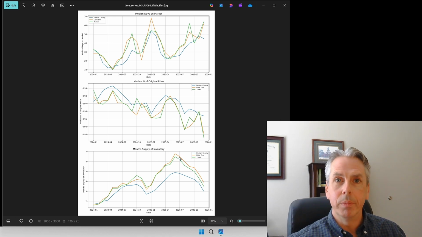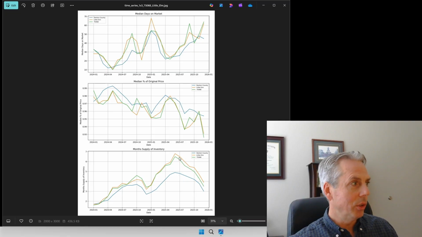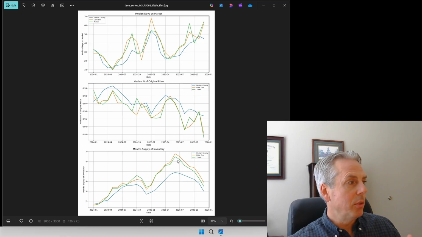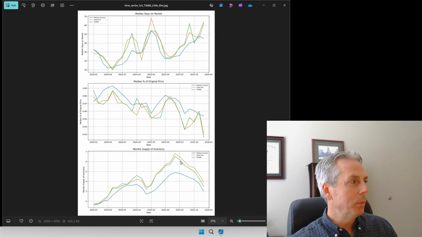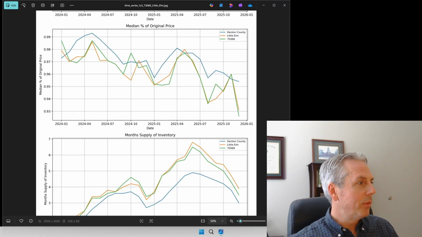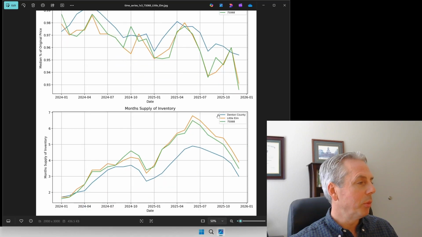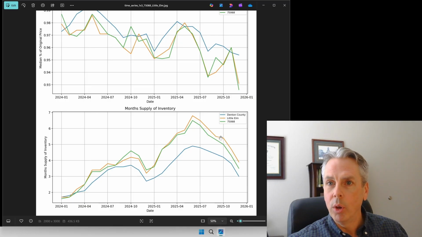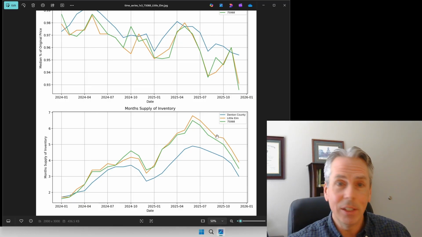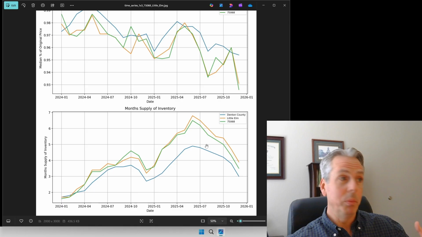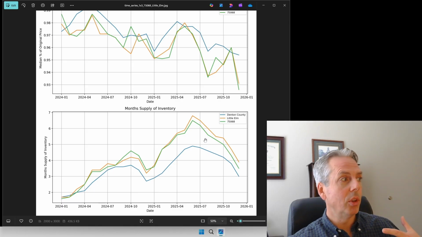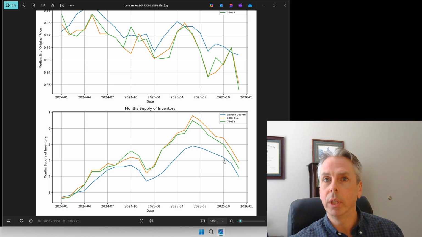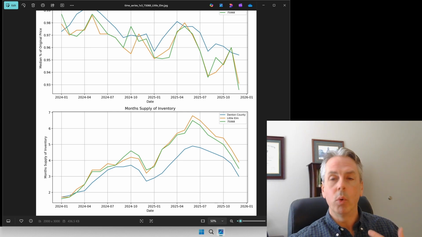They're becoming more motivated sellers, and that means that in order for the inventory to be absorbed, if we're focusing on this month's supply of inventory for a moment, well, where's that inventory going? Houses are being discounted so they can move, and they are moving once the price is discounted. And so that fits really well with what I'm seeing.